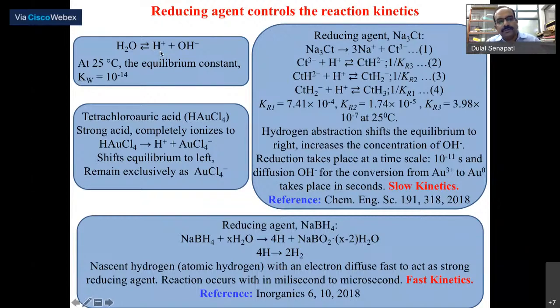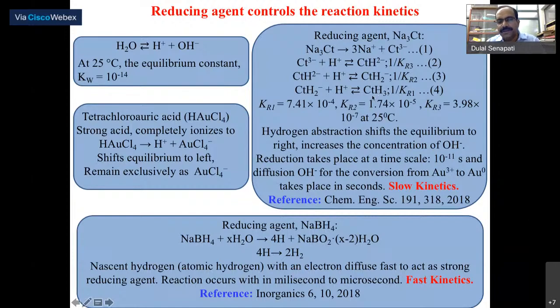Once it abstracts the H+ from the water molecule, the equilibrium will move towards the right-hand side. Then Ct3- becomes CtH2-. Then CtH2- again abstracts another hydrogen ion, and by that way it makes CtH3, which is citric acid.